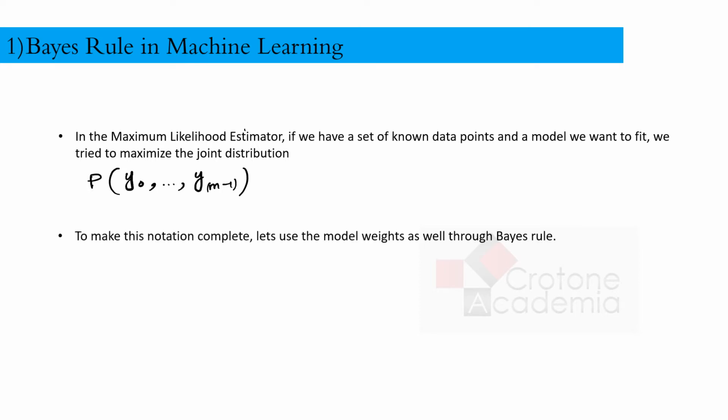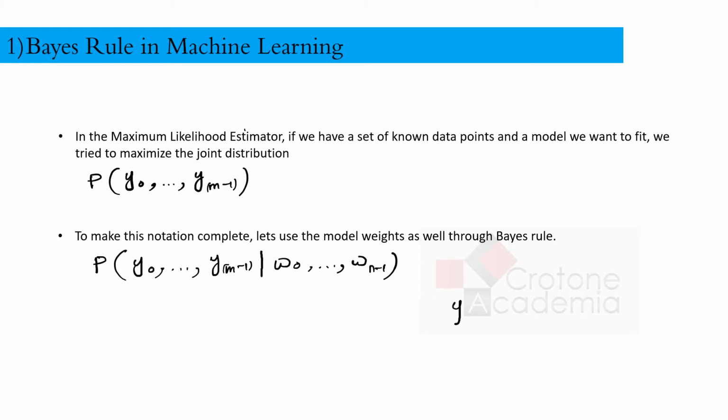Now, because we know the Bayes rule, we can make this notation more formal. So we are trying to maximize this joint probability distribution with respect to a model that we are assuming. Usually a machine learning model is defined by a set of weights. So what we can do is write this probability distribution given the weights of our model w0 to wn minus 1.